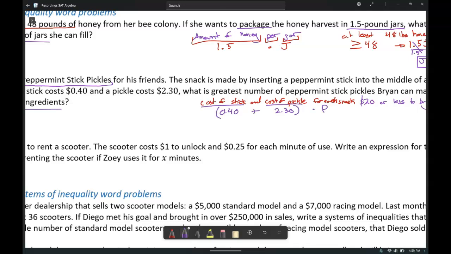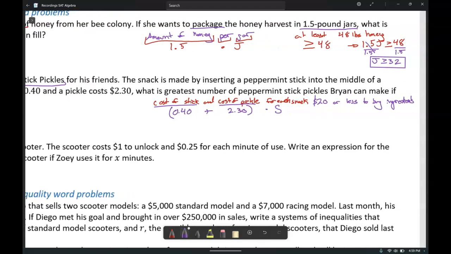Let's use S for snacks. So for every single snack, it's going to cost 40 cents plus $2.30. We're going to multiply that by S. And the total bill has to be less than or equal to our $20 budget.